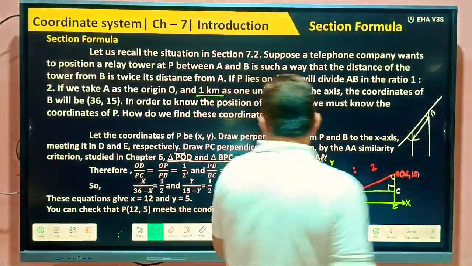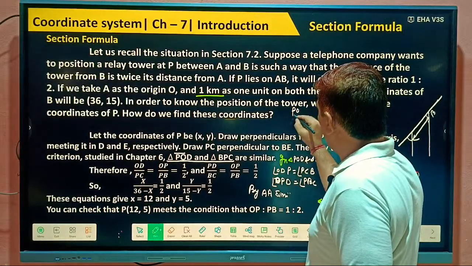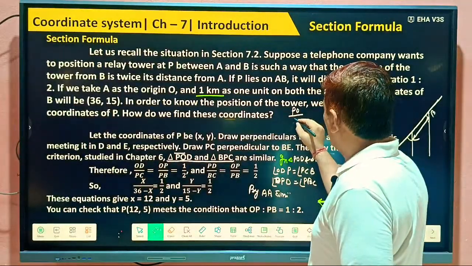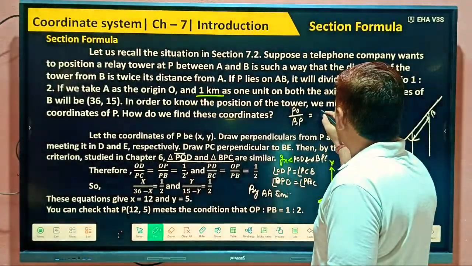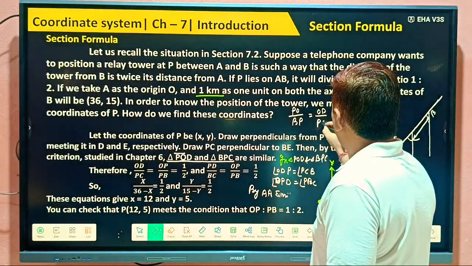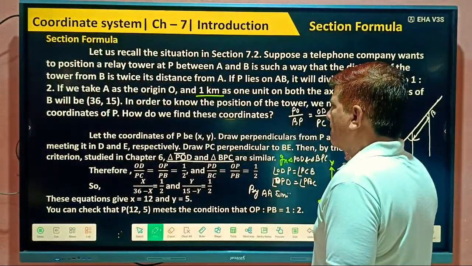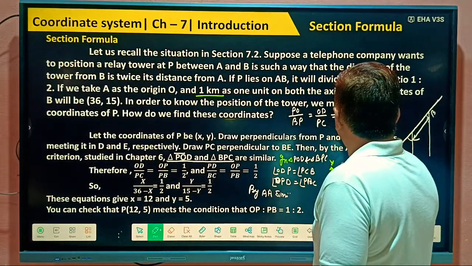If you don't understand, for these triangles we have taken, PO by BP equals OD by PC equals PD by BC.